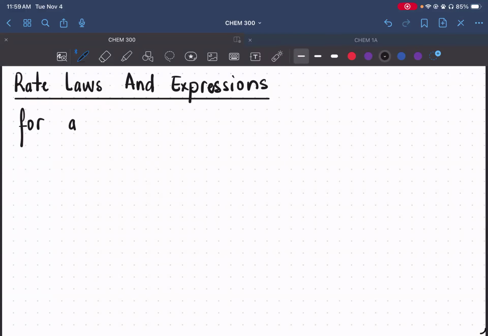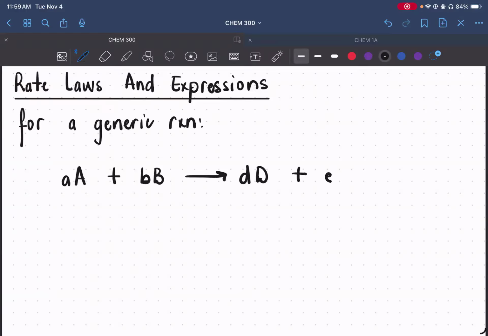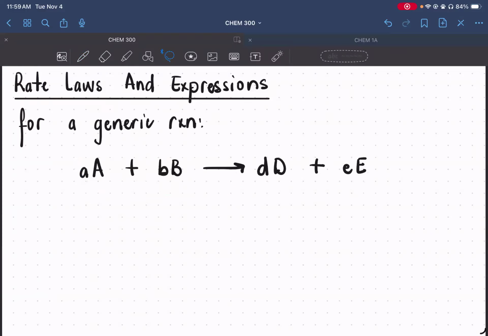For a generic reaction, here written as A plus B gives us D plus E. Super generic reaction here, just using letters to get my point across. Where the capital letters are, of course, the chemicals, and the lowercase letters reflect their balancing, meaning 1A, 2B, or 3. Sometimes it could just be 1.